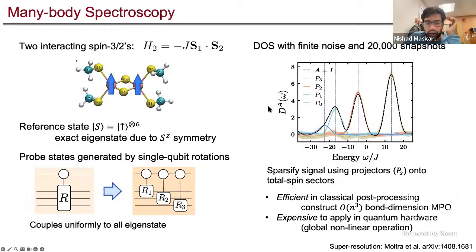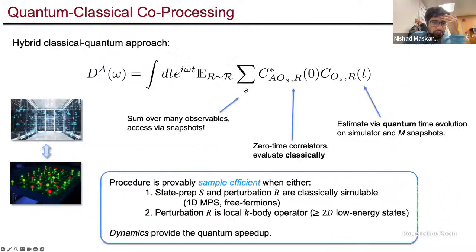Now, in reality, we're computing everything from snapshots, which means there are certain tricks you can play, where you're effectively working with a very, very large number of observables. You might be familiar with the fact that if you measure everything in the z basis, you can measure 2 to the n observables in parallel, namely any Pauli z string.